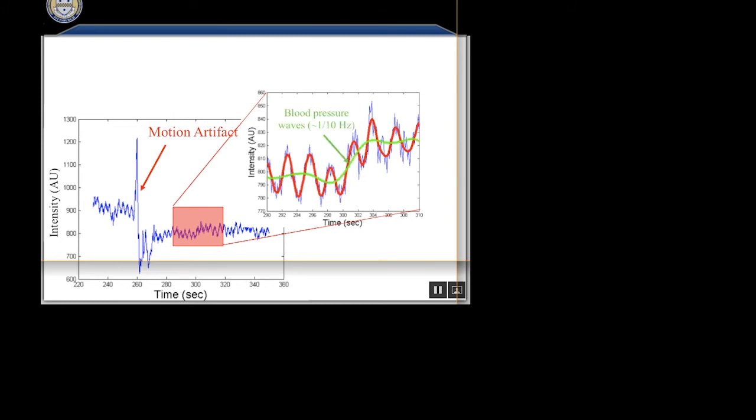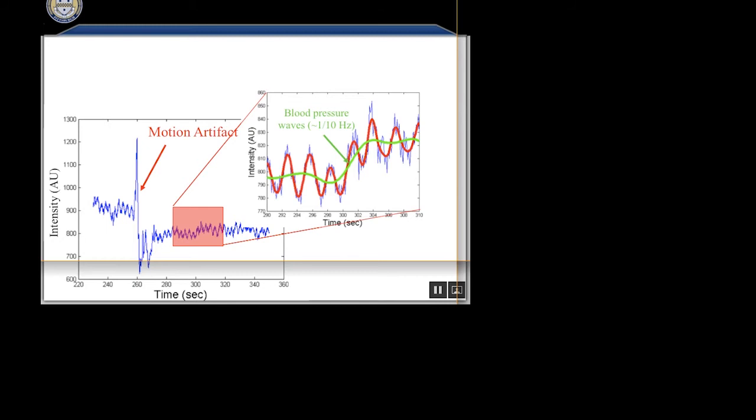And then you see blood pressure oscillations, which are more variable and much slower. You have these kind of waves. Thomas mentioned yesterday the so-called Mayer waves at a tenth of a hertz, or slower drifts over minutes to hours to days due to blood pressure type changes. And so you have these very slow oscillations.